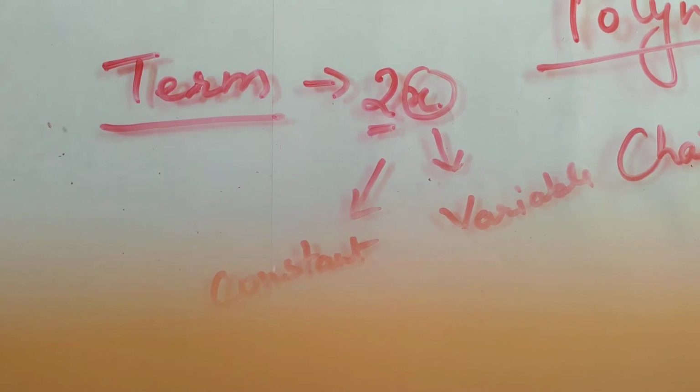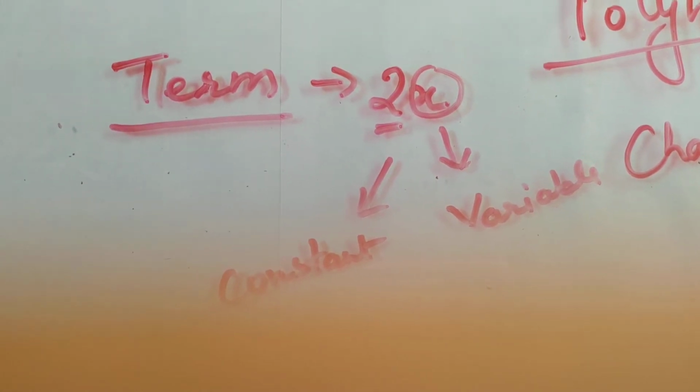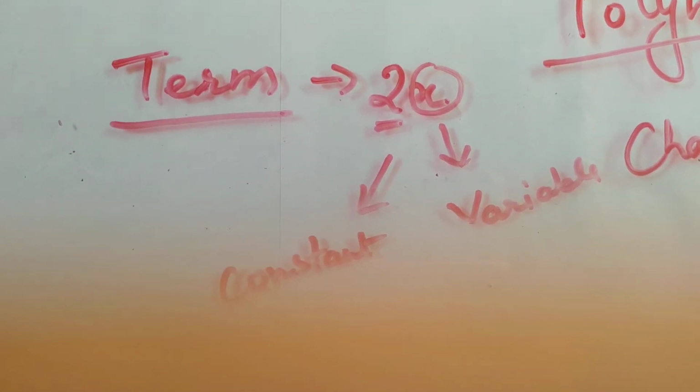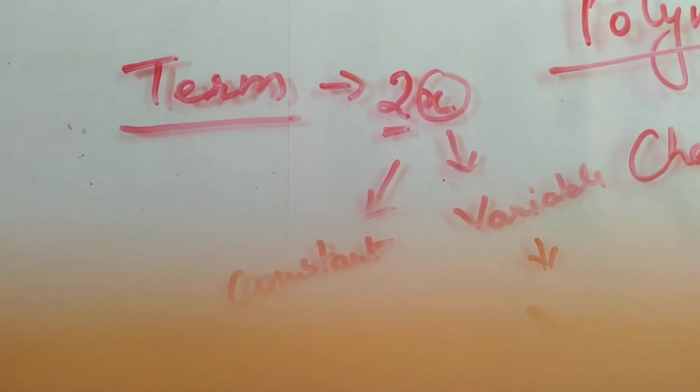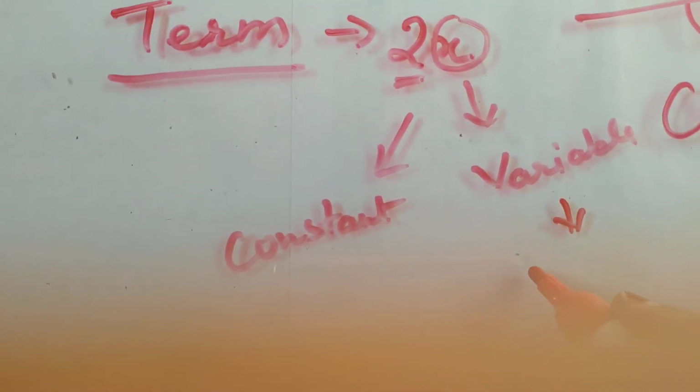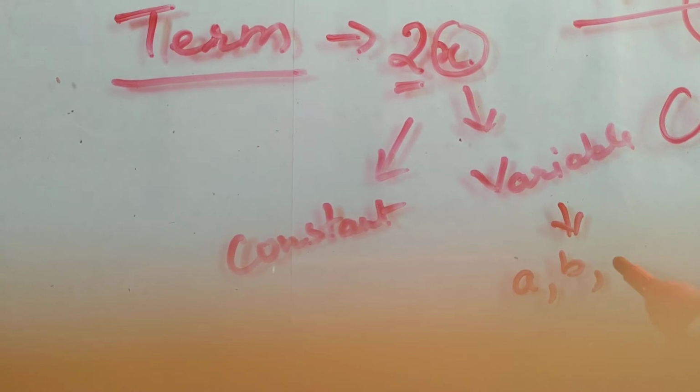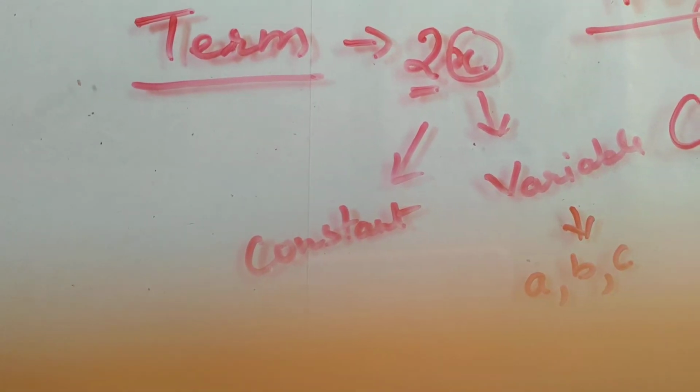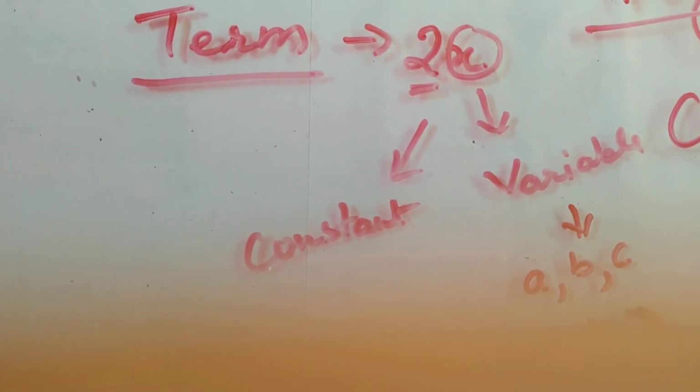In previous classes you studied what a variable is: it changes its values, and it is written in small letters of the English alphabet. x, y, z are all variables.